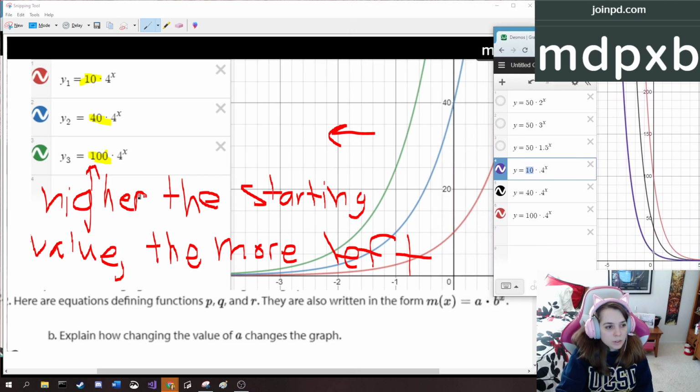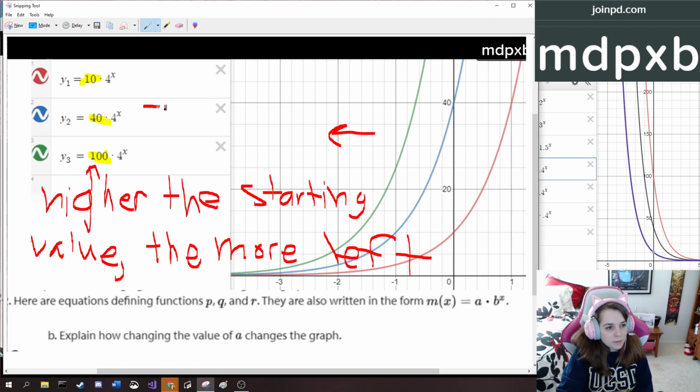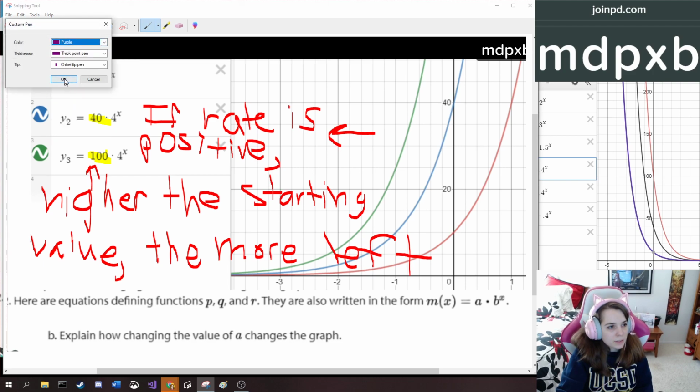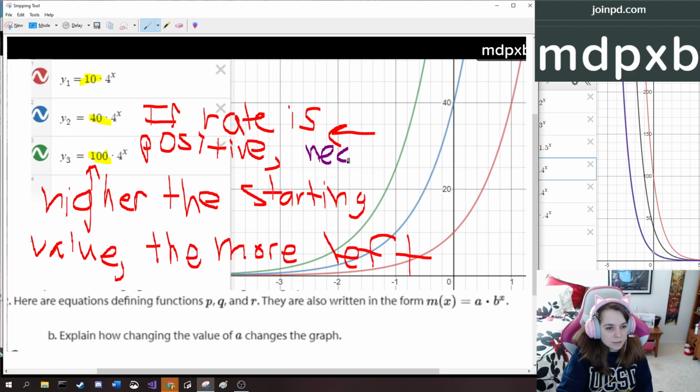So if the rate is positive, the higher the starting value, the more left it would be. However, if the rate is negative, the higher the starting value, the more right it will be. Sorry, not negative, but if it's less than 1, that's what I mean.